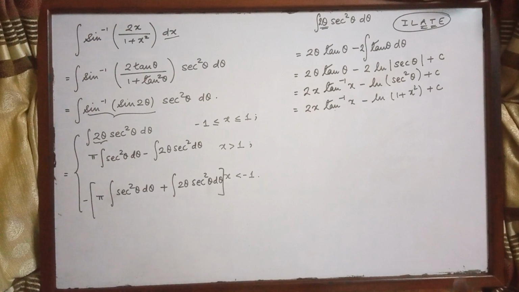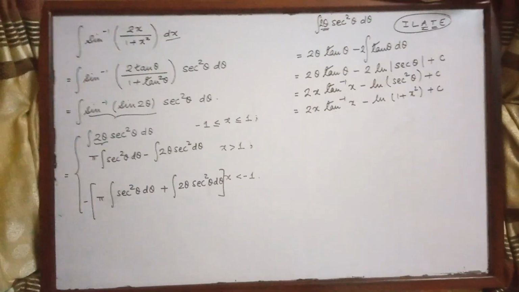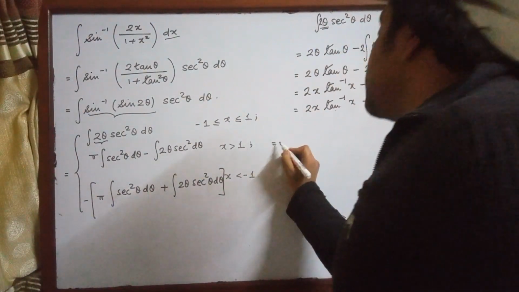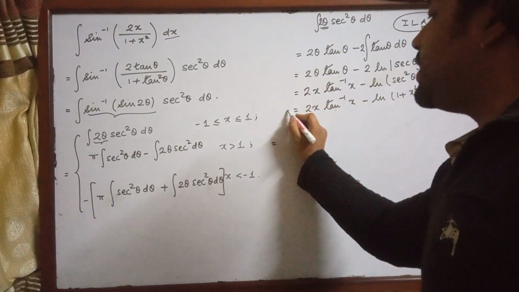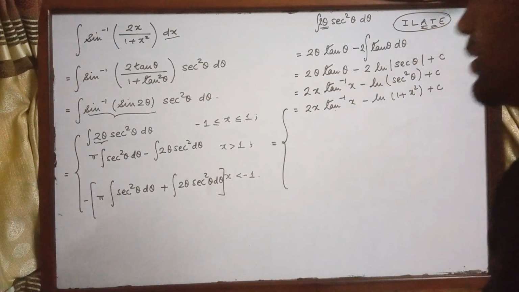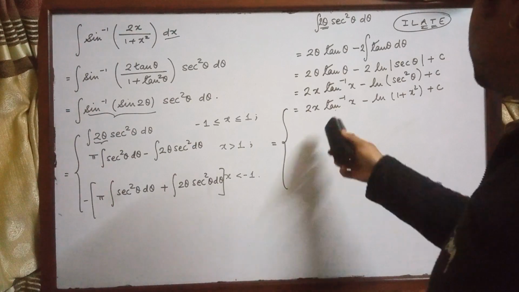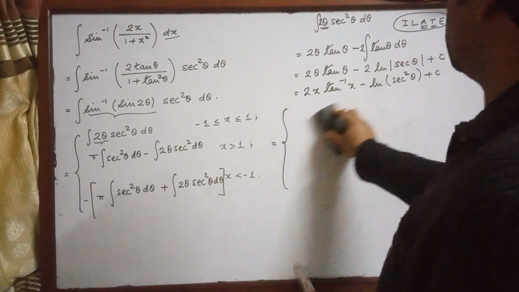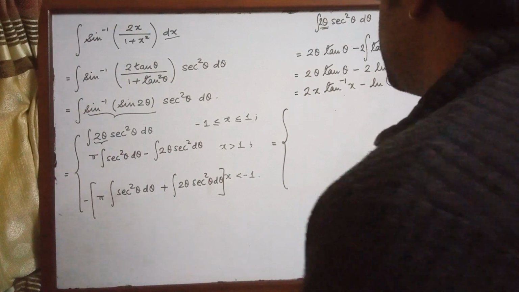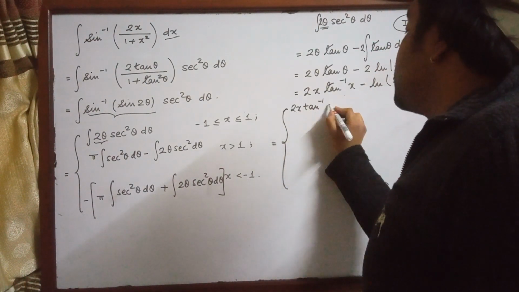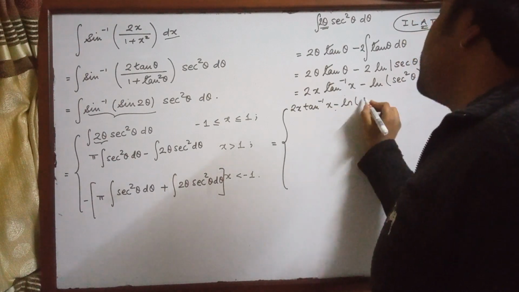Now let me quickly check the answer key. Yeah, this is correct. So I've completed one of the parts. The first part is twice x tan inverse x minus log of 1 plus x squared.